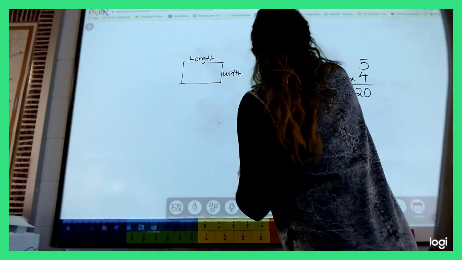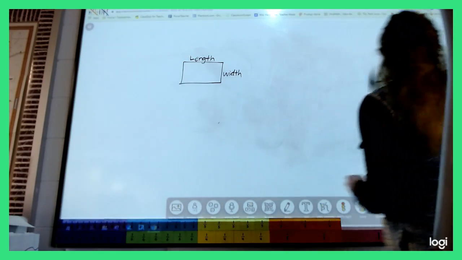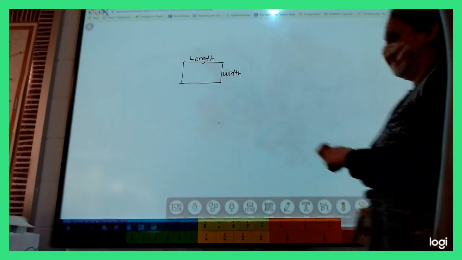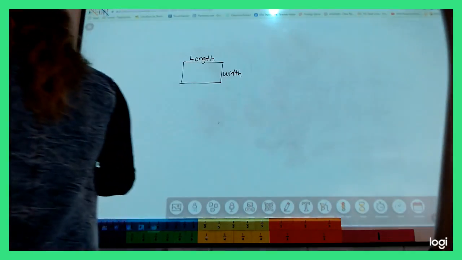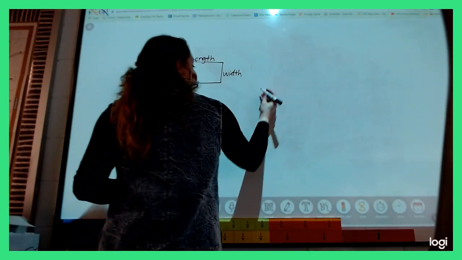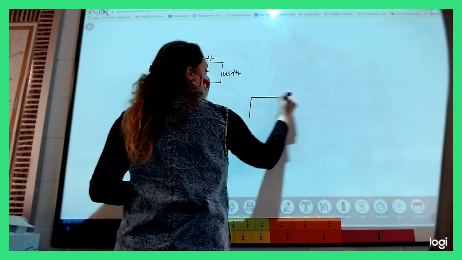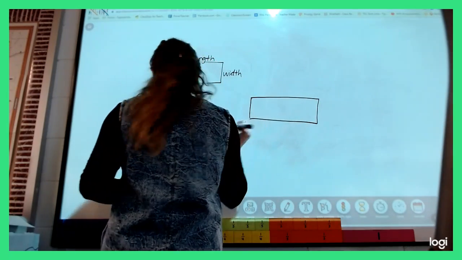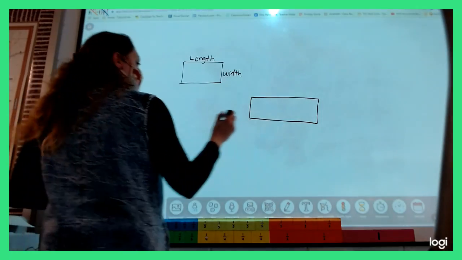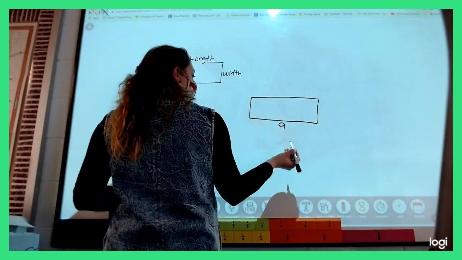All right, let me get this erased. All right. First problem. Please write down what I write. Get your shape drawn. We've got kind of a long rectangle. The length is 9.